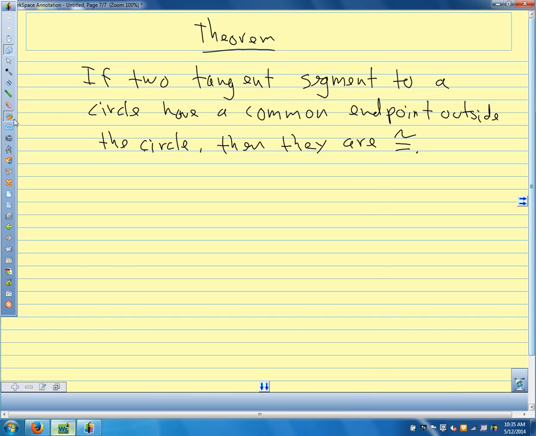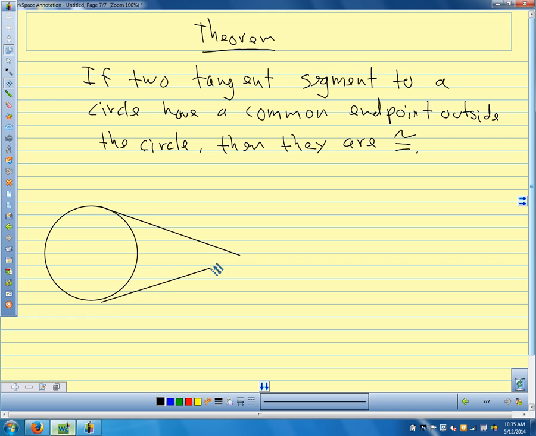So our picture for this one looks like one of the problems we did before. Here are my two tangent segments. Let me redraw that one. There we go.